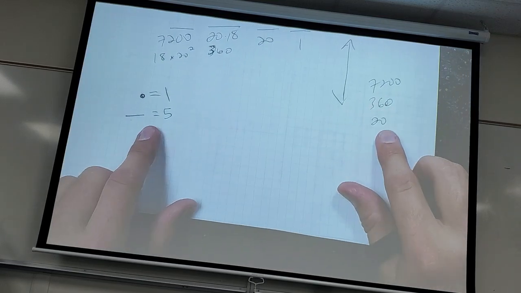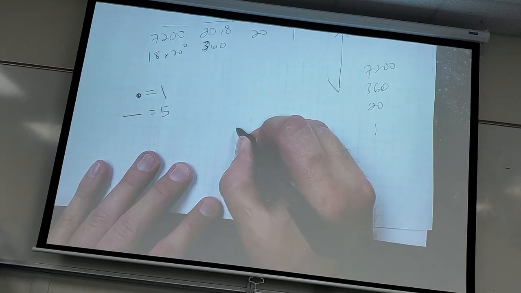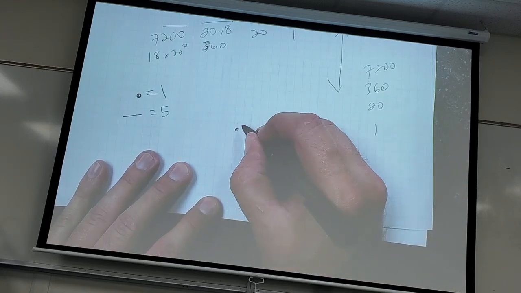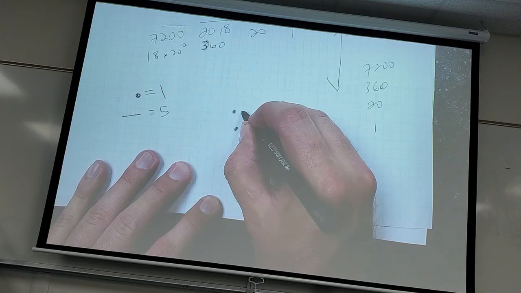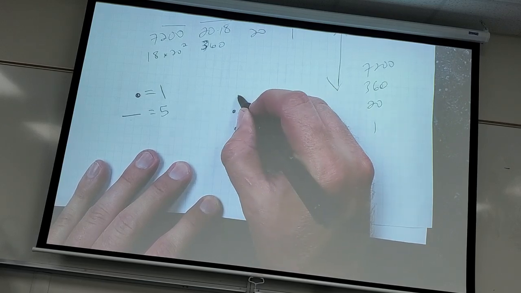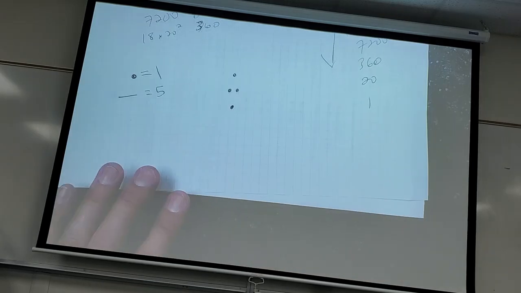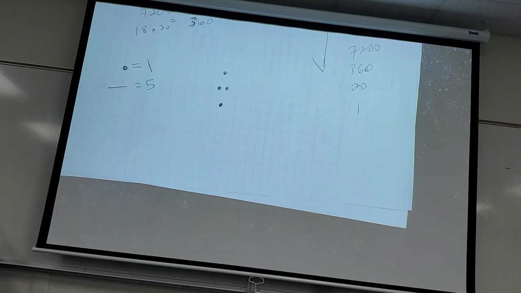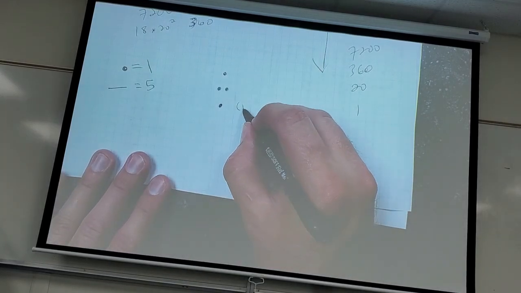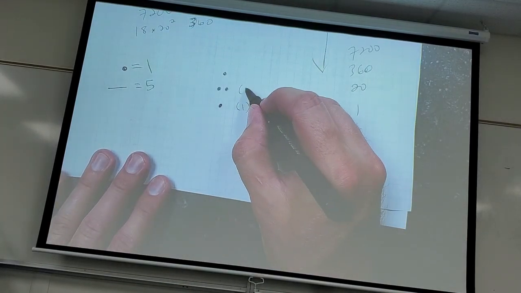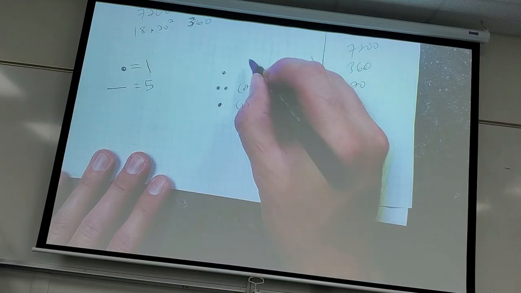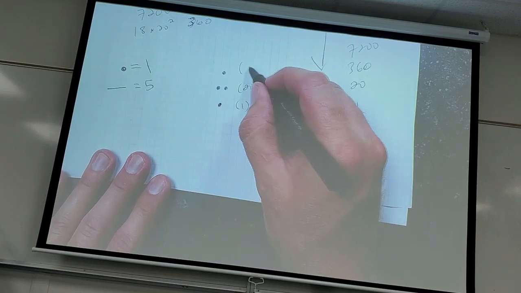So watch this. If I saw this in Mayan, that number, how many places are there? 3 places. This is the ones place. This is the 20s, and this is the 360s.